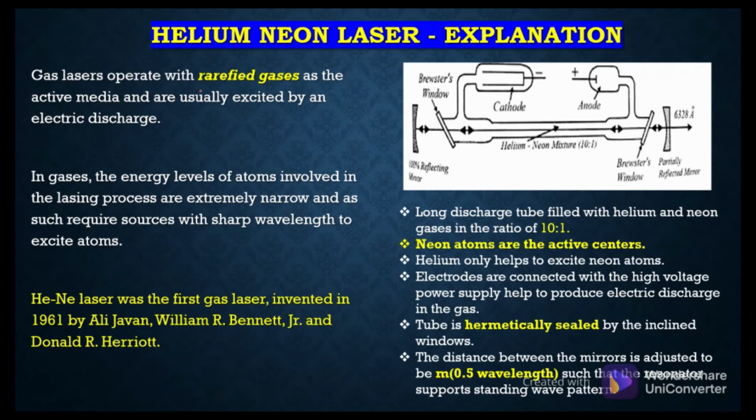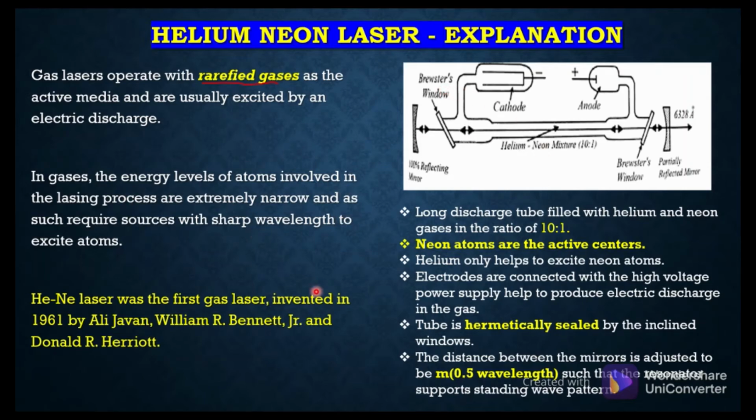So gas lasers can operate with high powers and low powers also. In general, gas lasers use rarefied gases as the active media and are normally excited, that is, pumped, with the help of electric discharges. Electric discharge means that in the setup we should have an anode and a cathode, maintained at a high potential difference, and the electric discharge will be created.